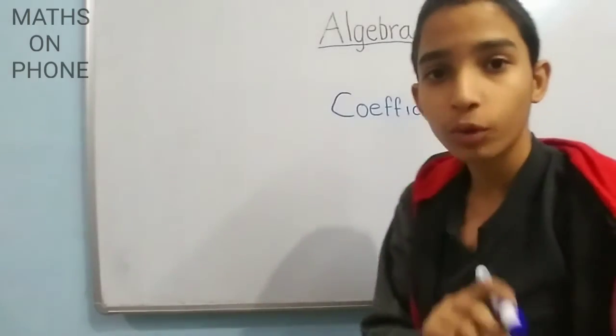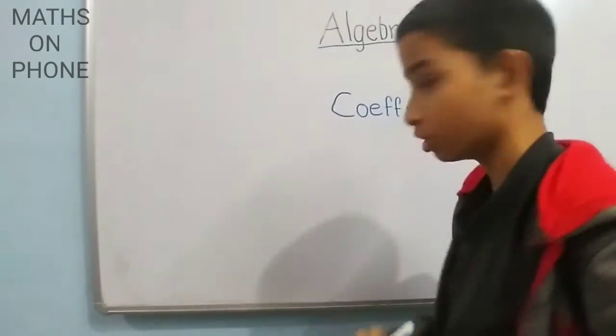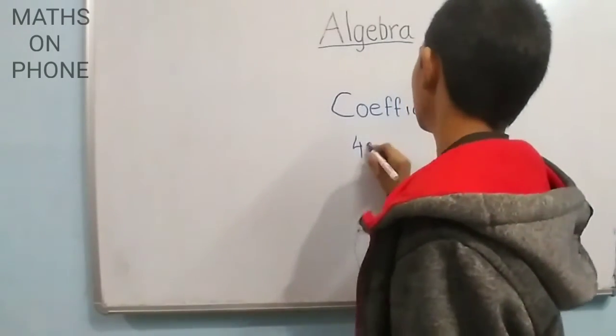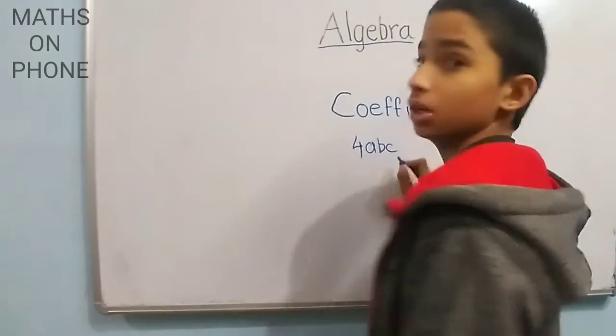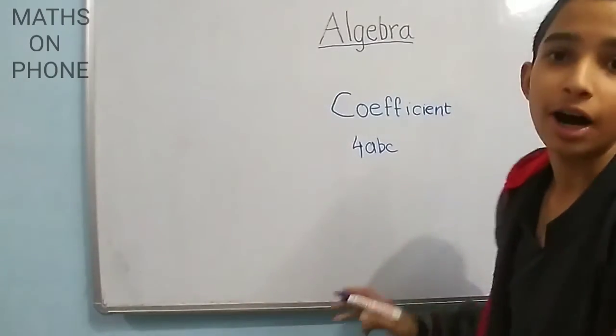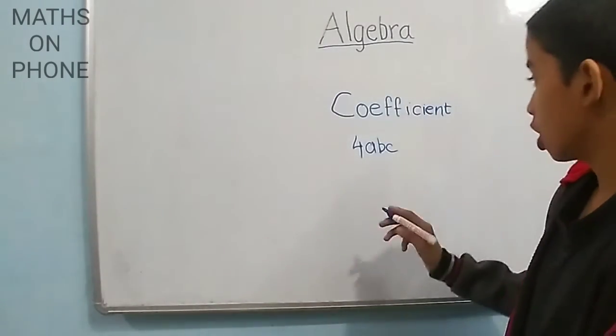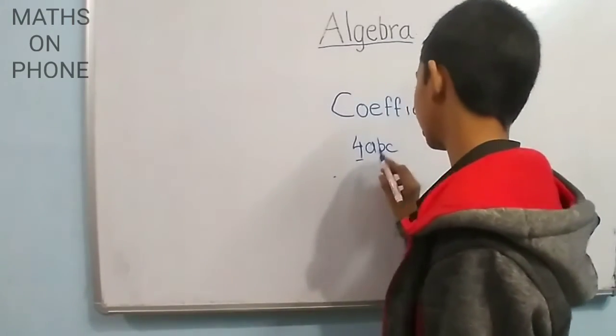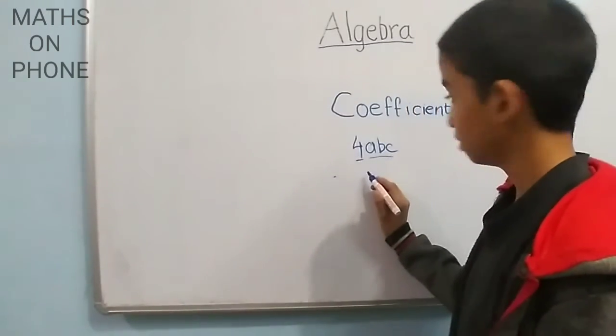Coefficient is any one factor of a term of an algebraic expression. For example, I have taken the term 4abc. So in this, how do we find the coefficient? We'll find it with the following method. 4 is a coefficient of abc.